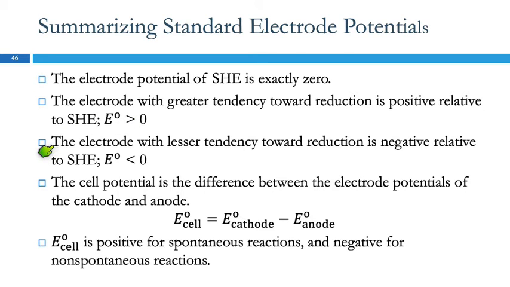If the electrode has a lesser tendency towards reduction, then it's going to be negative. And the cell potential, again, is the cathode minus the anode. That cell potential will be positive for spontaneous reactions and negative for non-spontaneous reactions. And that's really where the positive-negative thing gets very muddled in my mind.